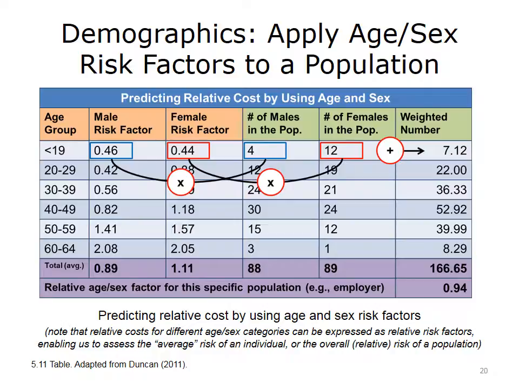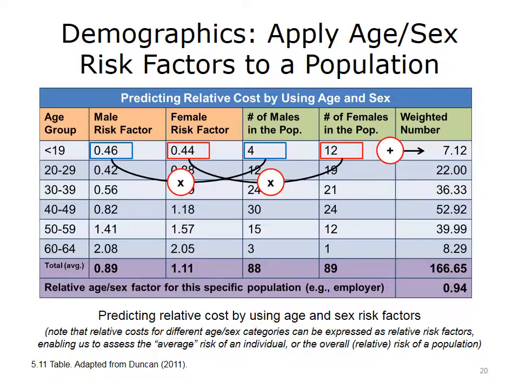For example, there are 4 males and 12 females in the less than 19 age group. Multiplying the number of males by the male risk factor, which was calculated in the previous slide, and then adding it to the similarly calculated number for females will provide the overall weighted number for that age group, which in this case is 7.12.